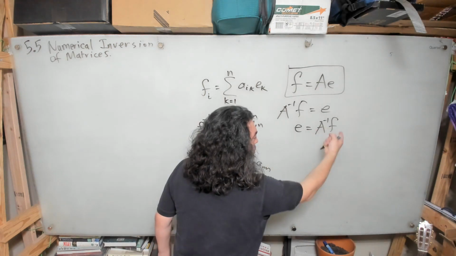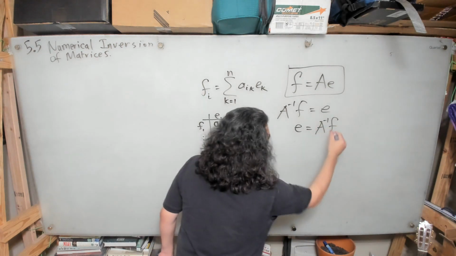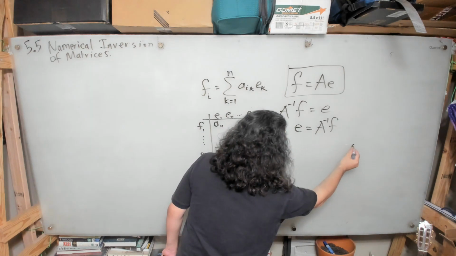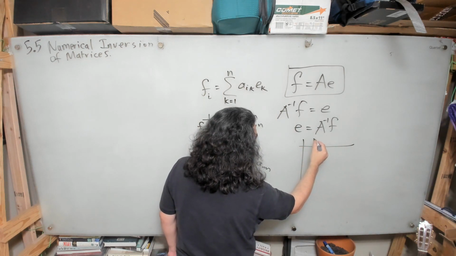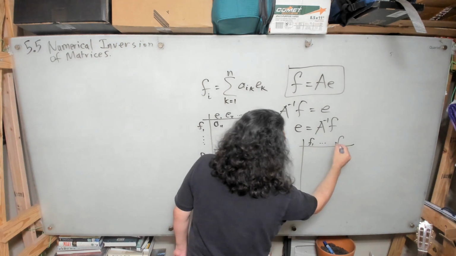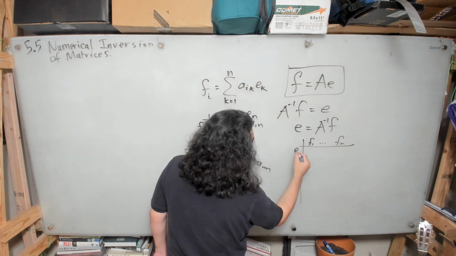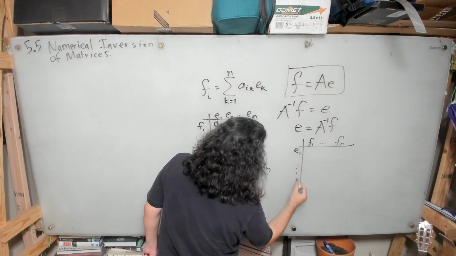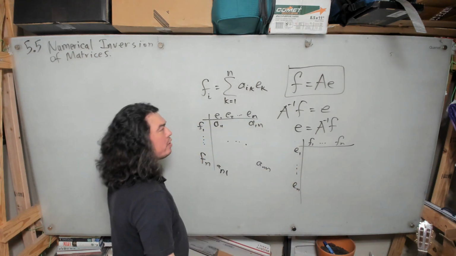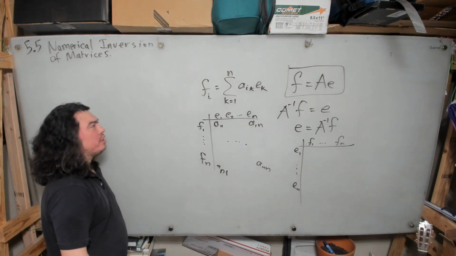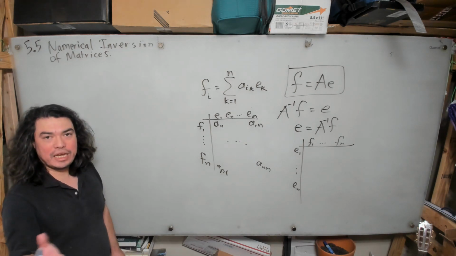In other words, this matrix relationship can be expressed with F1 all the way to Fn and E1 all the way to En, and the corresponding coefficients would go on the inside. So you can already see what's going to happen.